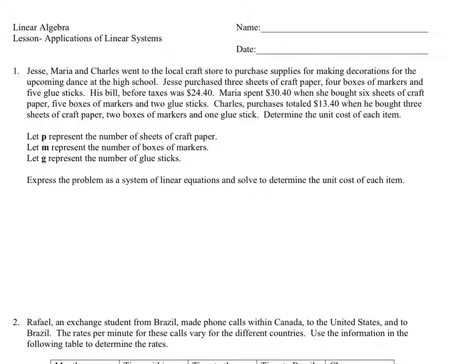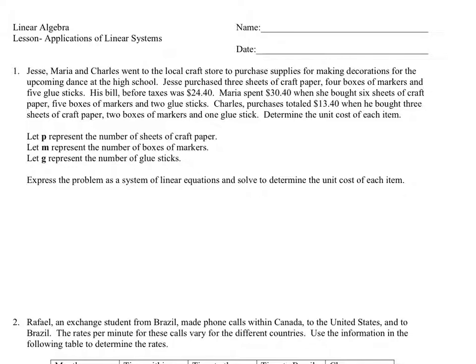Because what does a vector related to 5 sheets of craft paper, 2 boxes of markers, and 3 glue sticks really mean? I don't know what the craft paper axis, the box of marker axis, and the glue sticks axis would have to do with 3-dimensional space. So you could visualize it in the form of a graph, but that graph is not going to have a whole heck of a lot of meaning.